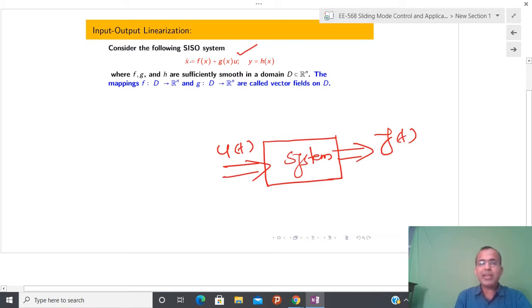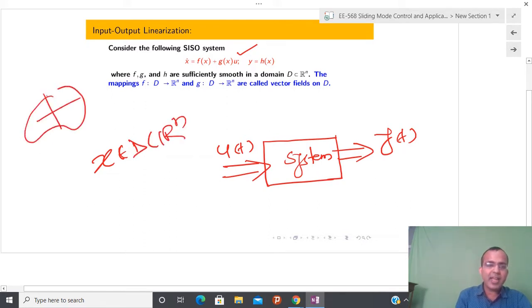So basically I am assuming the same kind of things. Again, I am assuming x belongs to Rn. Basically I have told you that whenever I have a nonlinear system, we assume that it always lies in a certain region, and that region I have defined as D. So x belongs to D, and D is a subset of Rn. So the whole space is Rn, and out of that I am concentrating only on D, and in this way we are defining the mapping.